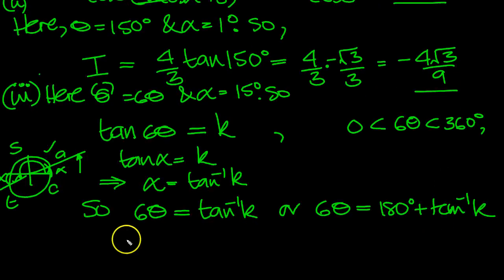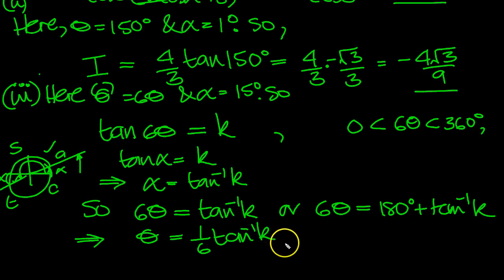We're working in degrees. So now we can read off theta: theta is 1/6 arctan of k, or theta is equal to 180 over 6, which is 30 degrees, plus 1/6 tan to the minus 1 of k.